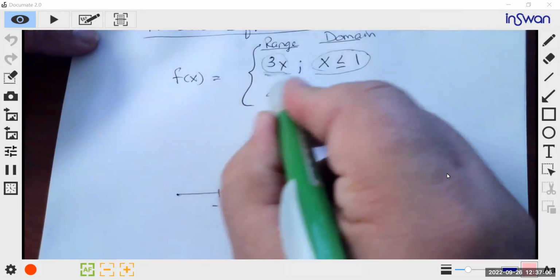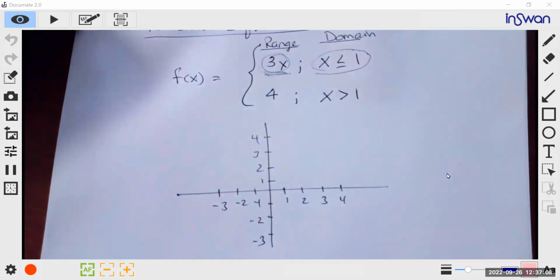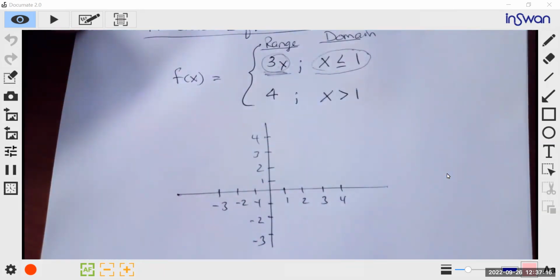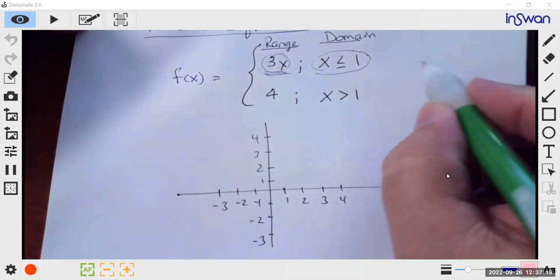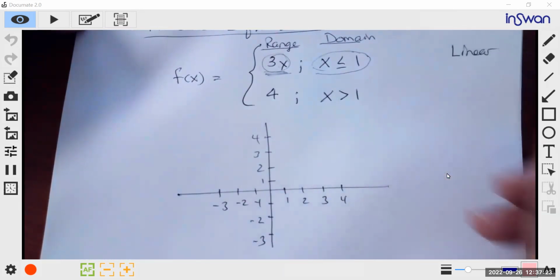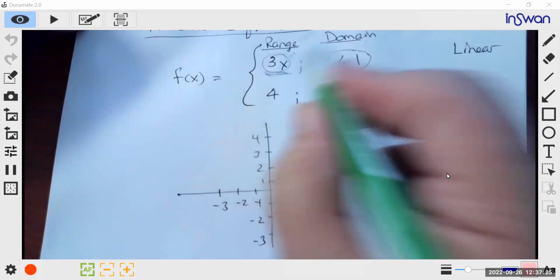What kind of graph is this going to be? What's the name of this function? What kind of function is this? Starts with L. Yes. Because there's no exponent, no absolute values, no anything.